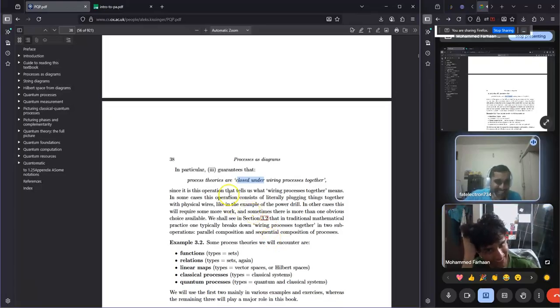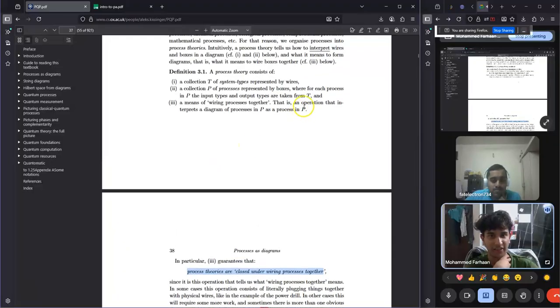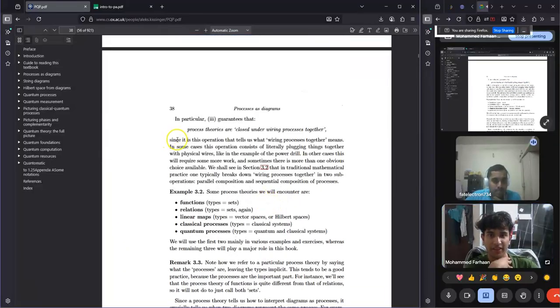Yeah, that's very cool. So in conclusion, our process theories are closed under the operation of composing them. And since this is an operation that tells us what wiring together means, in some cases this operation consists of literally plugging things together like physical wires, like in the example of a power drill.